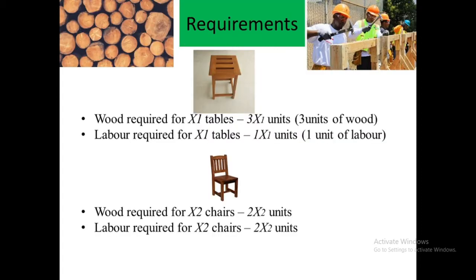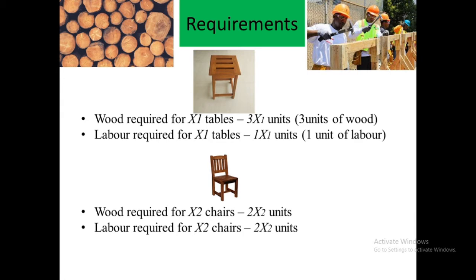Then the requirements for producing the table. The following requirements are needed: wood required for x1 tables is 3 units of wood, so in terms of the mathematical model, 3 into x1 units. Labor required for x1 tables is 1 unit of labor to produce a table, so 1 into x1.